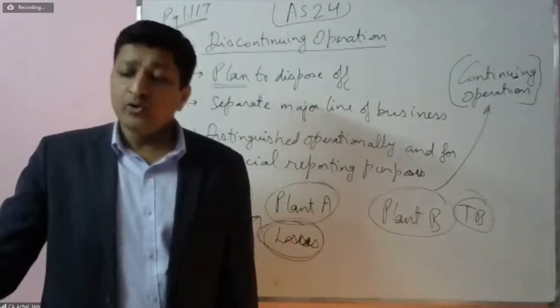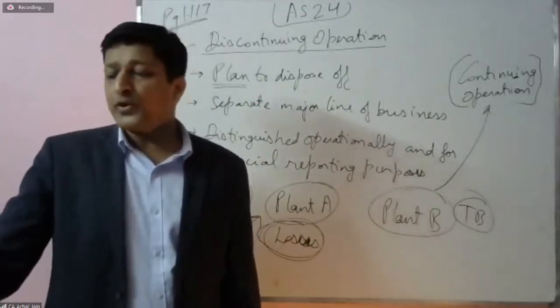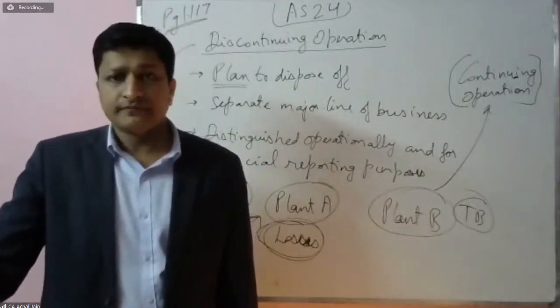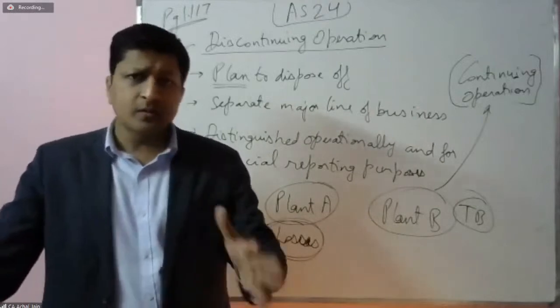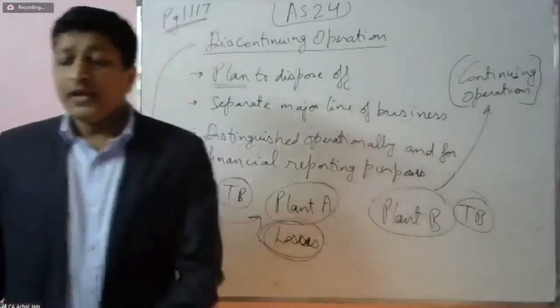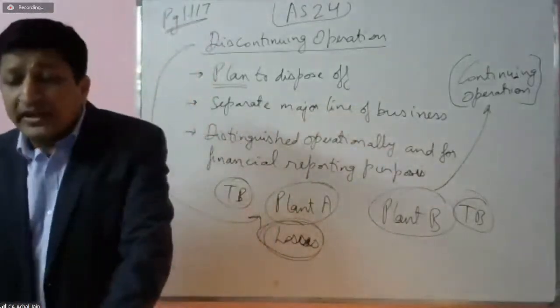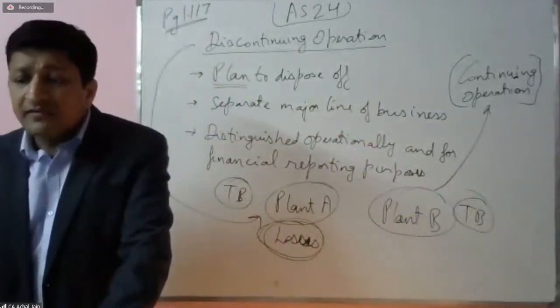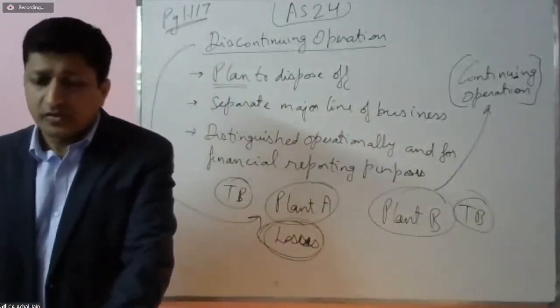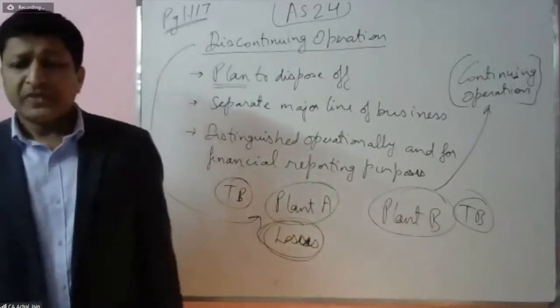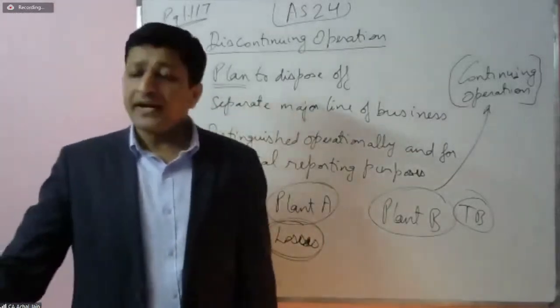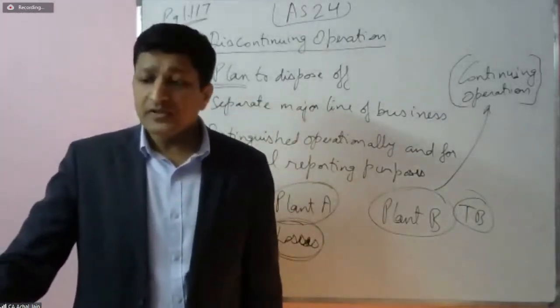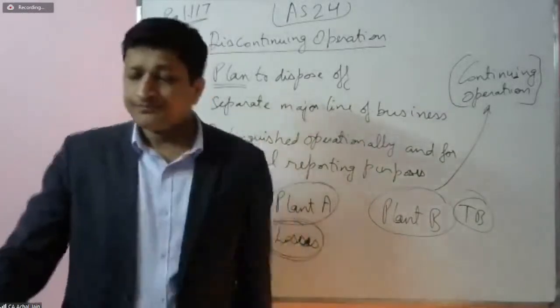Gradual or evolutionary phasing out of a product line or class of service. So this may also become discontinuing operation. Discontinuing, even if relatively abruptly, several products with an ongoing line of business. Shifting of some production or marketing activities for a particular line of business from one location to another.